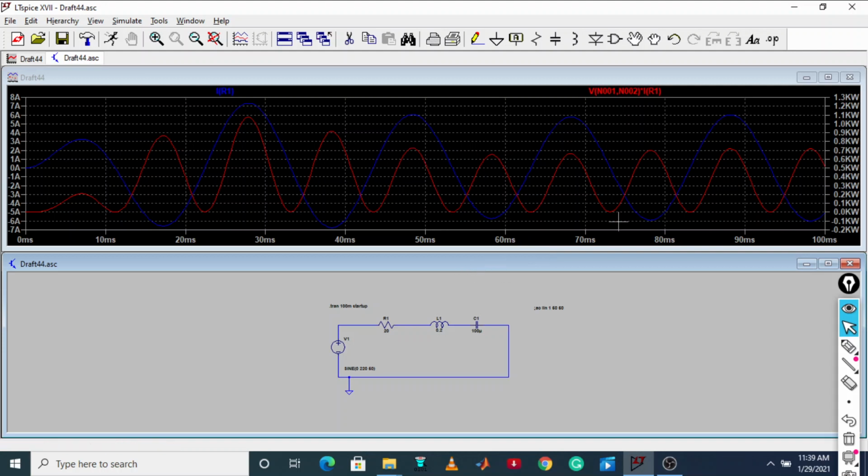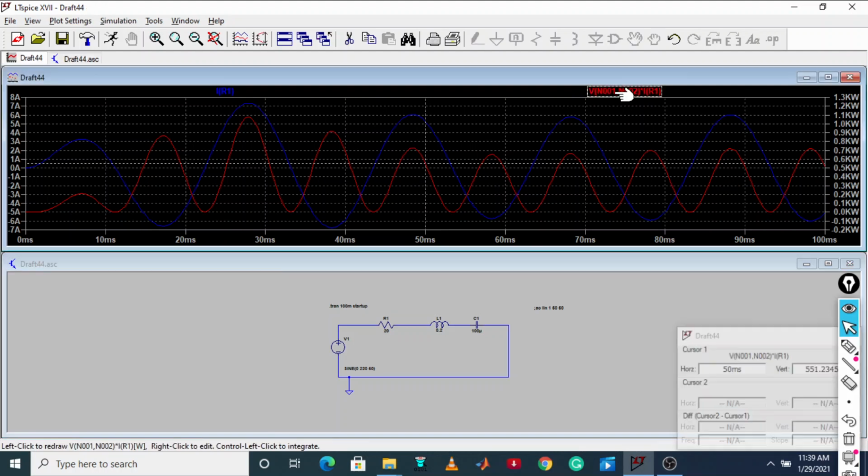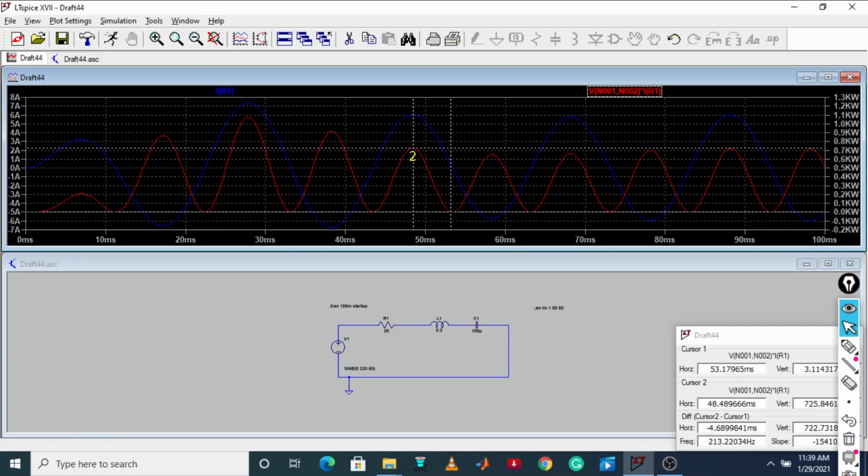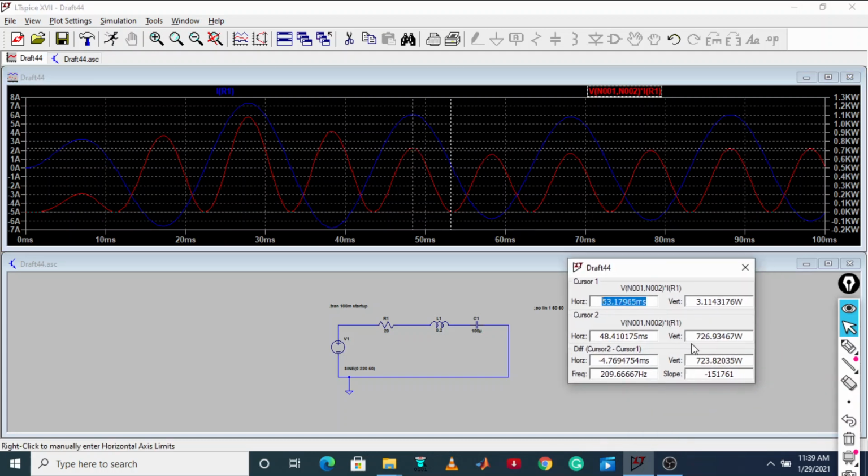Now the active power, if you calculate, just click twice. Now get over here and put cursor 2 here. The maximum that we are going to get, this is the difference, it is 723.